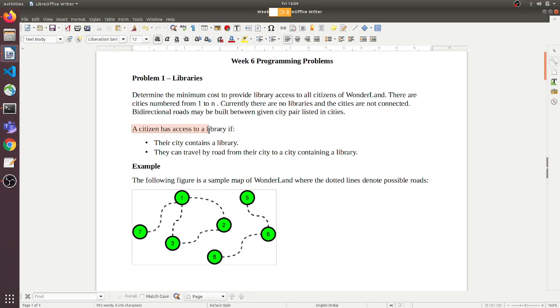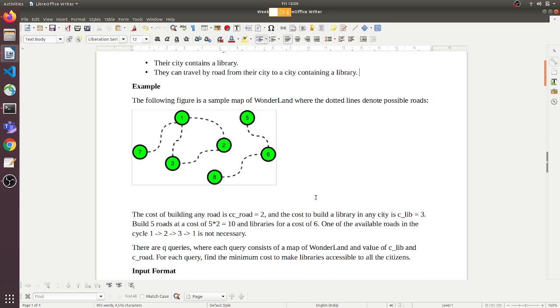So a citizen has access to a library if there is a library in their city, or if they can travel by road from their city to a city containing a library. Okay, so for example, let's say this is the sample map of the Wonderland, where the dotted lines denote possible roads.